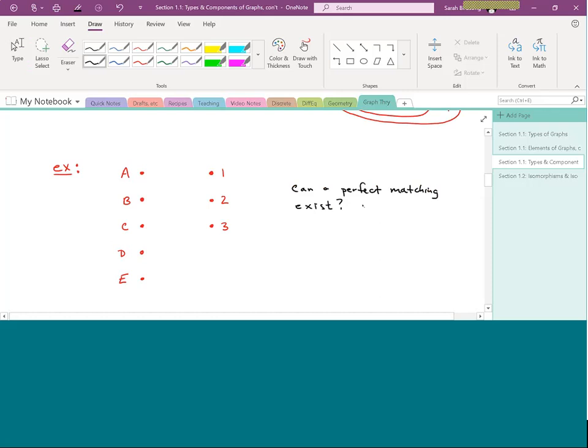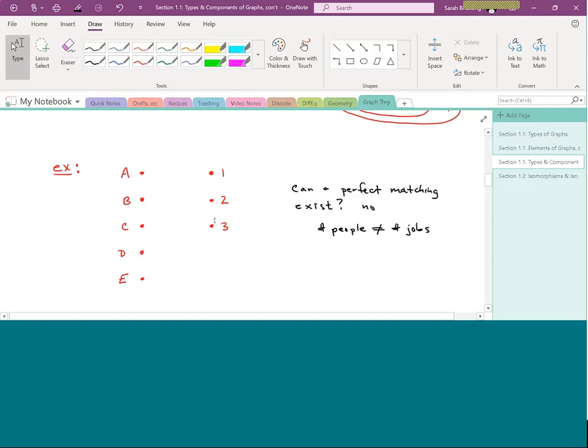Correct. And it turns out the answer is no here, and that is because the number of people, A, B, C, D, and E, does not equal the number of jobs. If you want a perfect matching, you are going to have to have the same number of people and the same number of jobs if you divided your vertices into people and jobs.